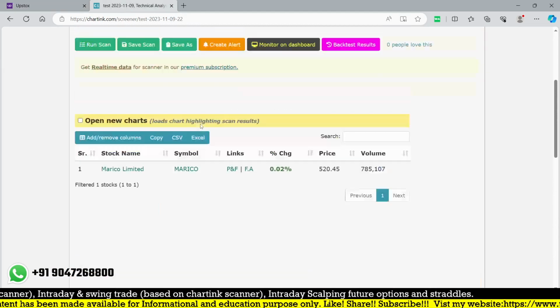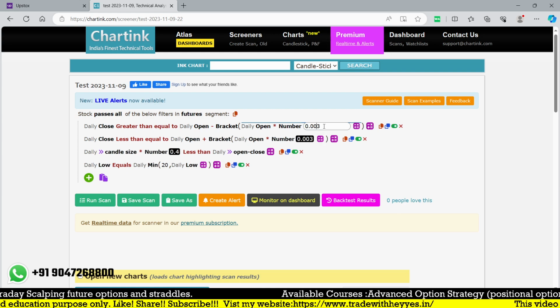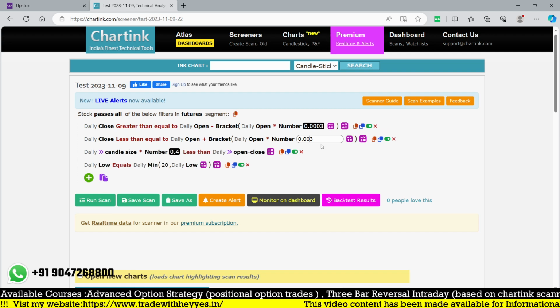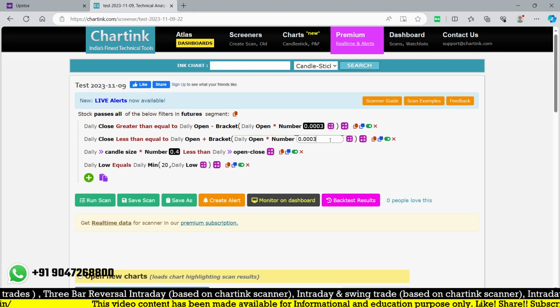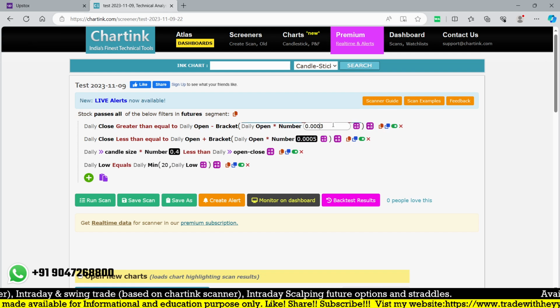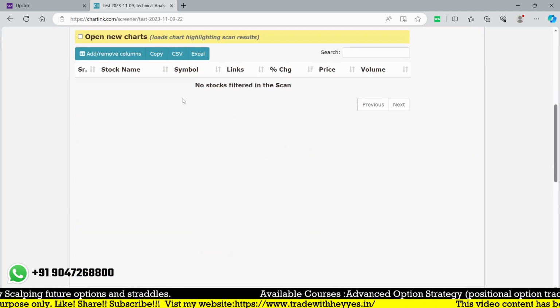So if you want to increase or decrease the values, it depends on your conditions. You can make an increase or decrease in these values, so that will help you find more stocks also. Or instead of that 0.03, you can go for 5. Initially we have only 9 stocks, now maybe this time around 10 or 12 stocks we can get.